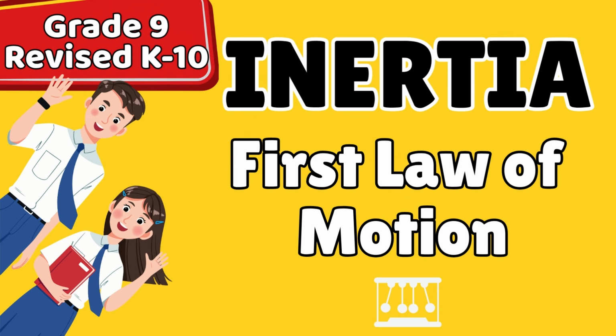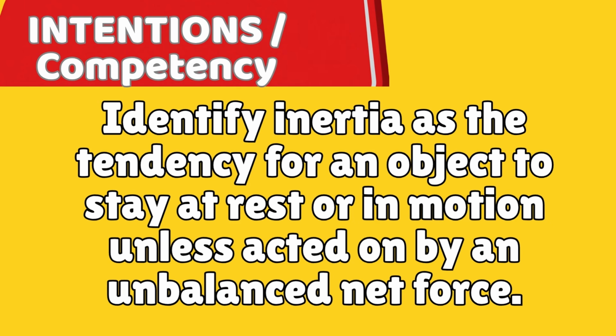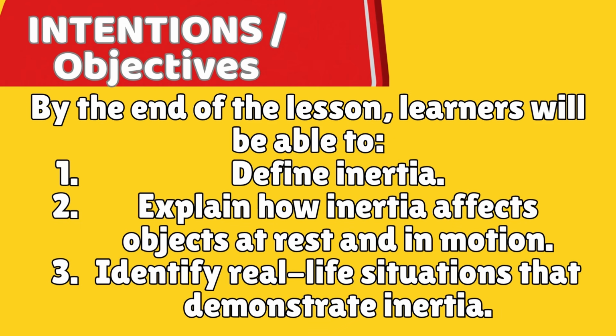This first term, we are going to study about inertia, also known as the first law of motion. For our intentions, the competency: identify inertia as the tendency for an object to stay at rest or in motion unless acted on by an unbalanced net force.